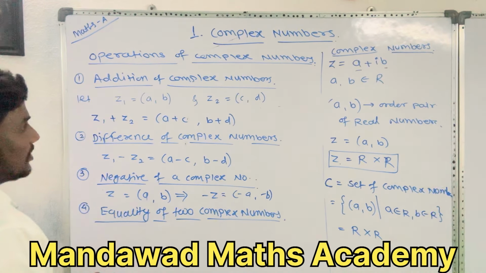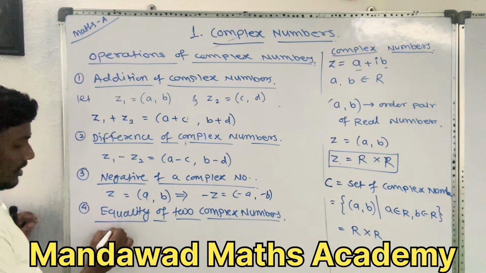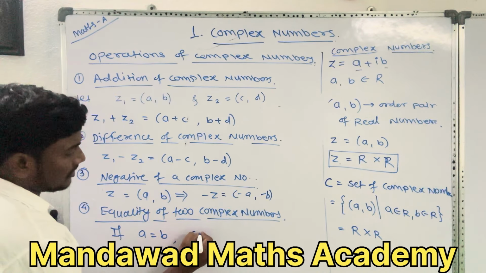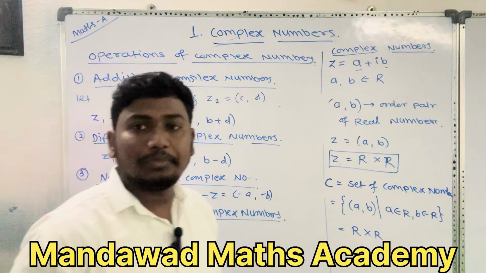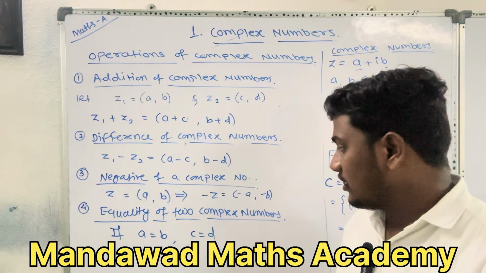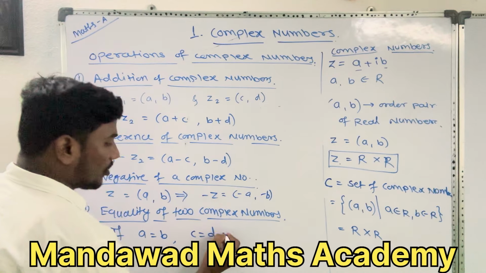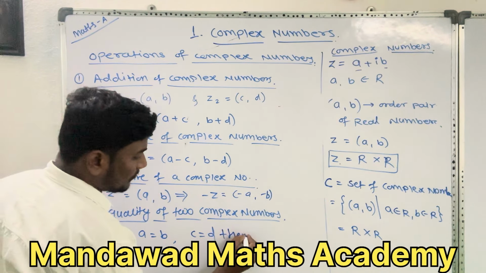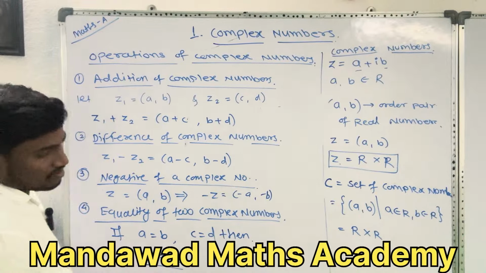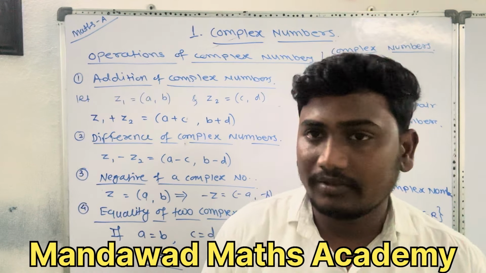We say Z1 is equal to Z2 if a is equal to c and b is equal to d, meaning first component equals first component and second component equals second component. Then these two complex numbers are equal.